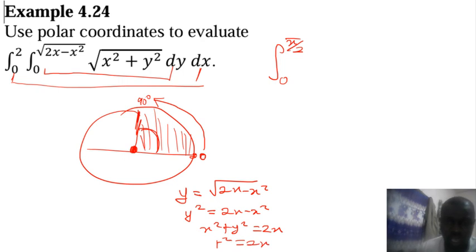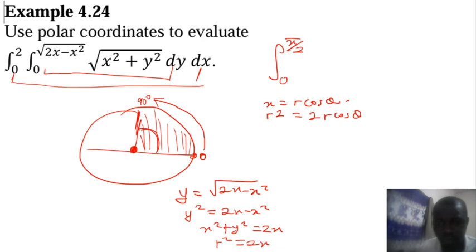And again, in polar coordinates, x is equal to r cos theta. So by substituting it here, we have r squared equal to 2 times the x, which is r cos theta.